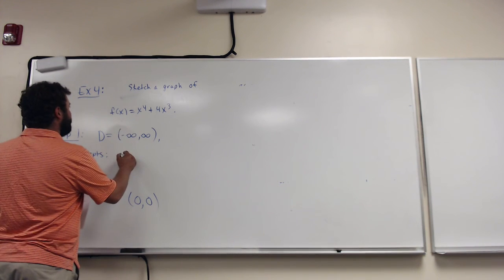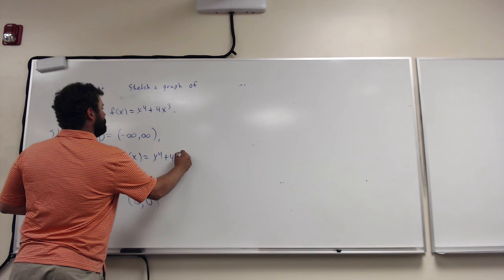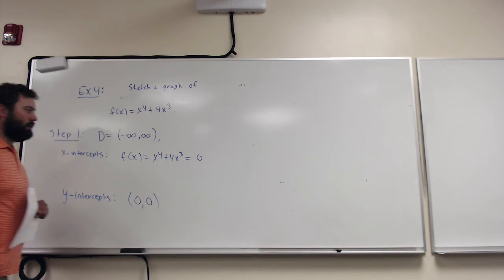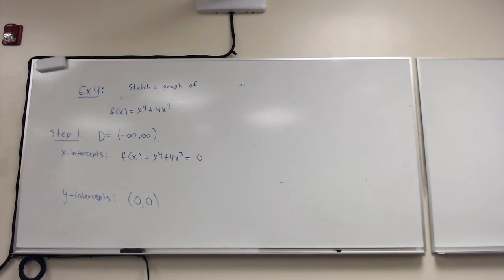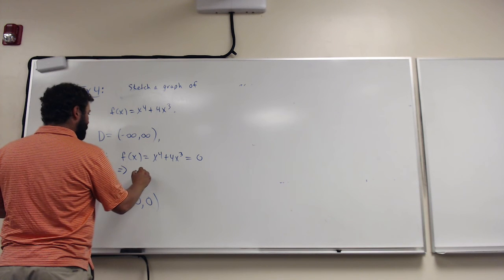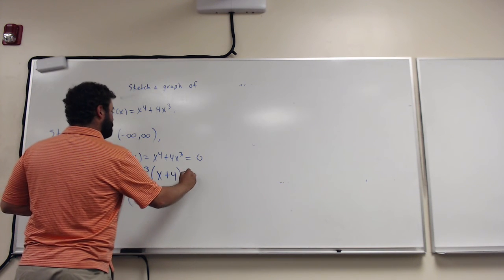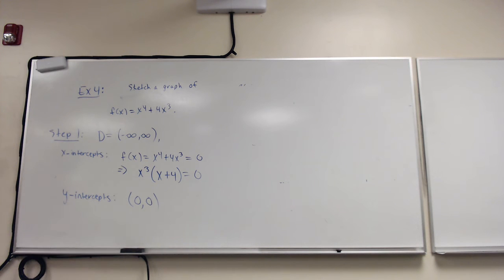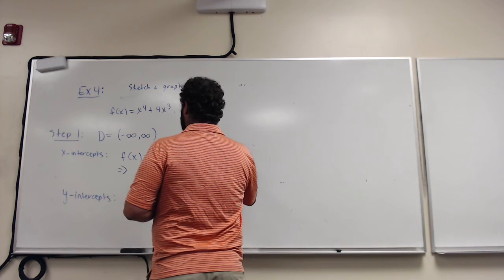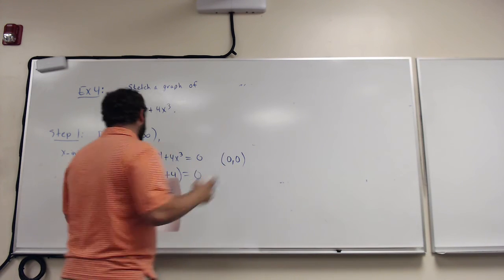And for the x-intercepts, you take the function and you set it equal to 0. So the x-intercepts, the y-coordinate is 0. You have to figure out what the x-coordinates are. So I think we can factor out an x cubed. And we'll get x cubed times x plus 4 equals 0. So the x-intercepts are, well, the origin, I guess, right?